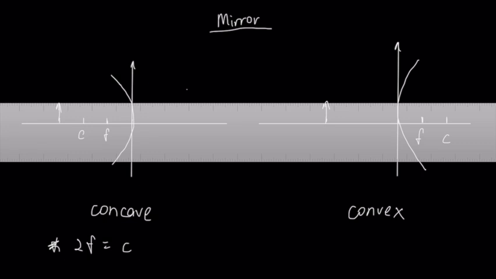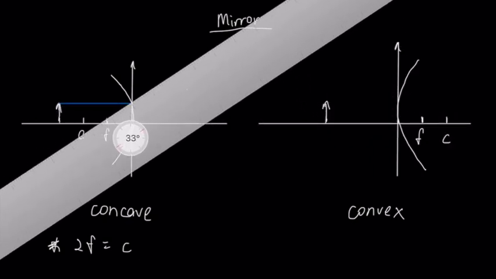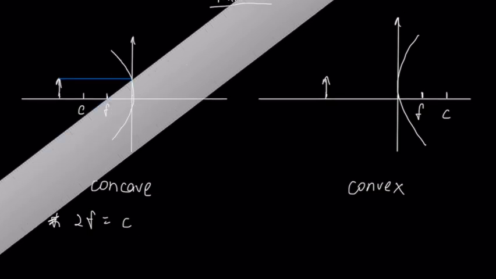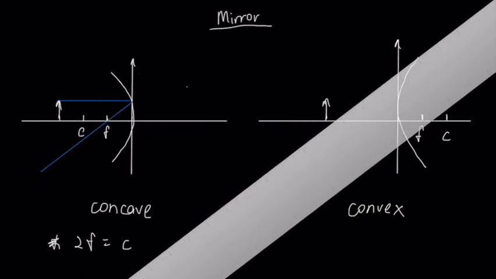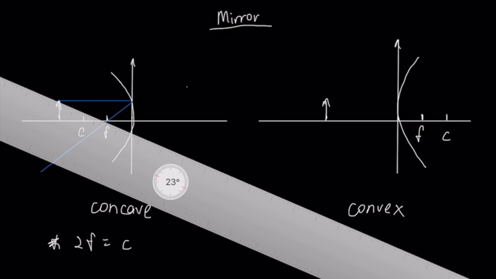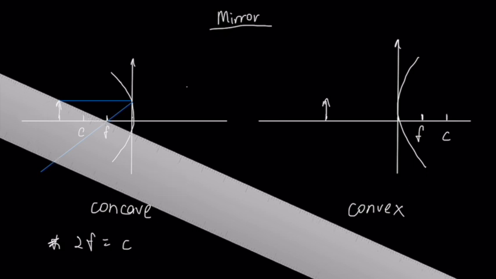Firstly, the light will go through the mirror, and then it will reflect towards the focal length right here. Okay, so this is the first step. The second step is that the light will go through the focal length.